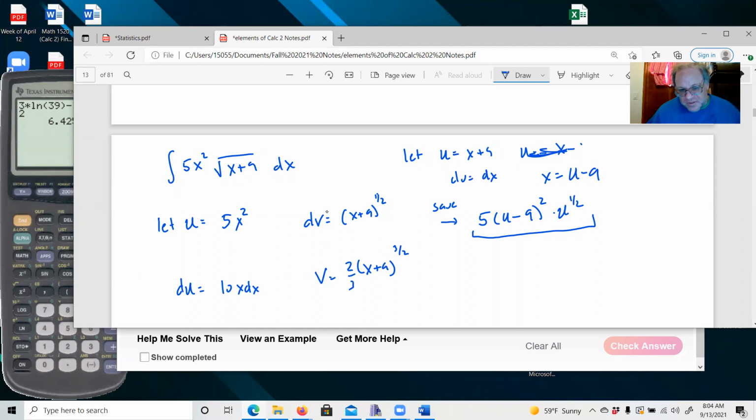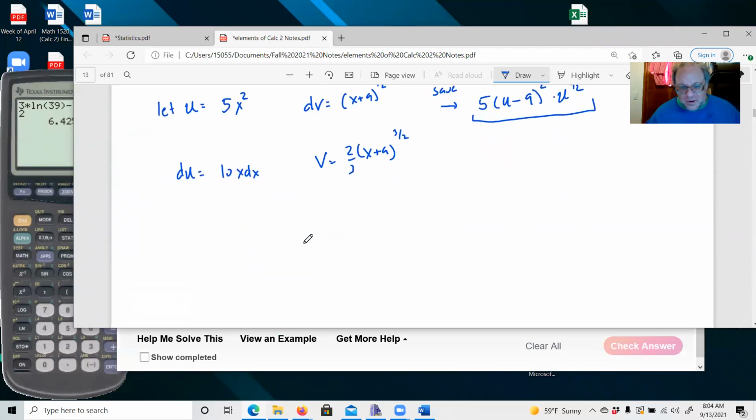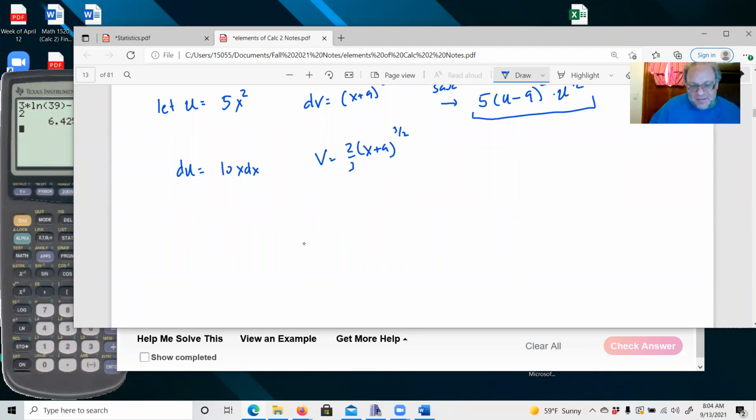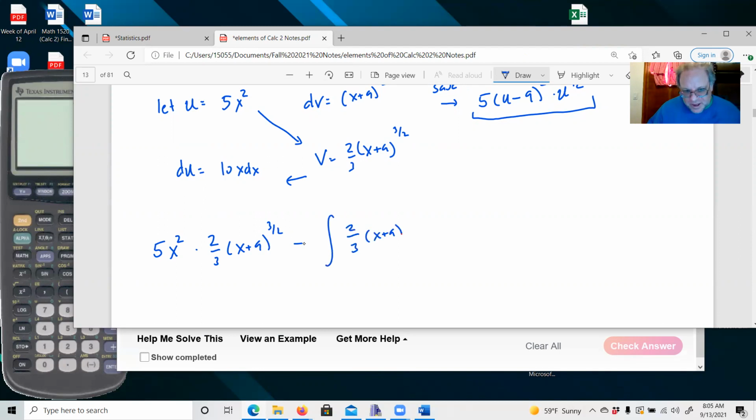If I take this derivative, checking to see if there's a weird chain going on here that I would have to add in, I don't see one though, so we're okay. So here we go. This is 5x squared times 2/3 x plus 9 to the 3/2, minus the integral of 2/3 x plus 9 to the 3/2 times 10x dx.